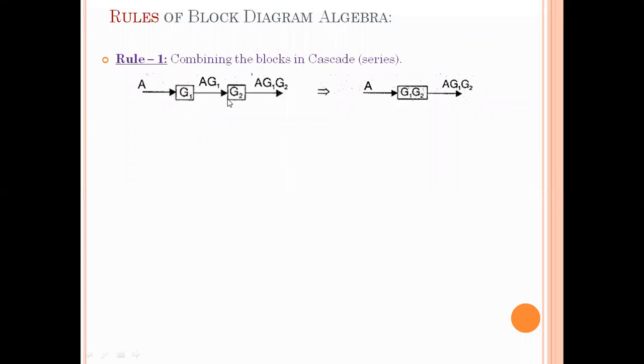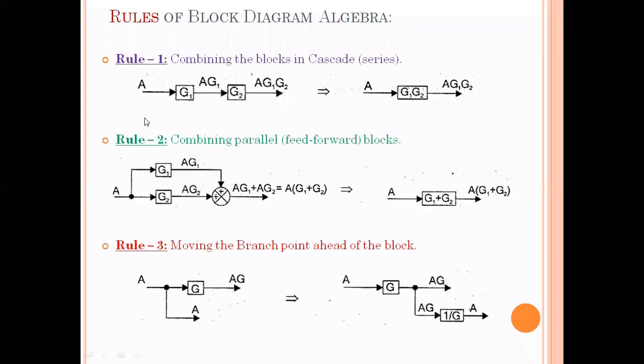The product of G1 and G2 gives the gain of this block, right? This is how we can combine two blocks when they are connected in cascade connection. So this is rule number 1.